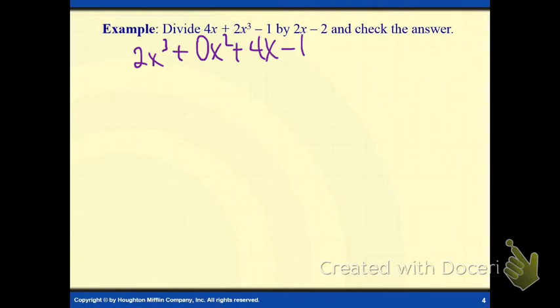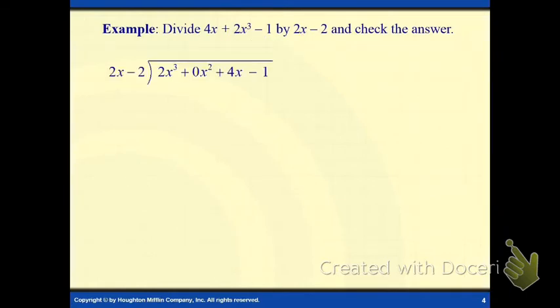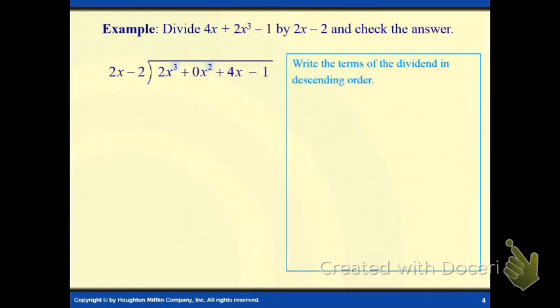Now let's put it in our little box. Okay, so we've got our descending order, and we did have one place value in there. We're going to start with that 2x cubed, and we're going to divide it by what? 2x.